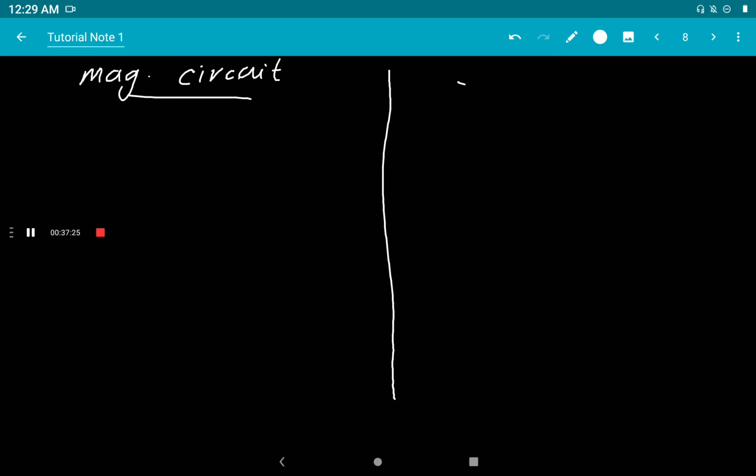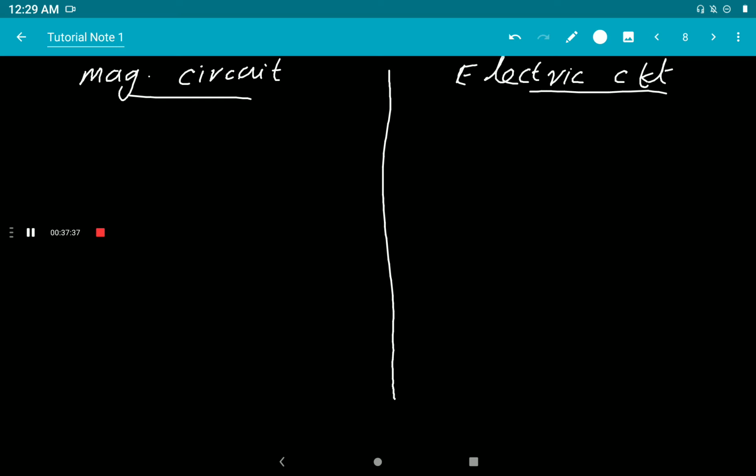Let's consider magnetic circuit here and electric circuit here.